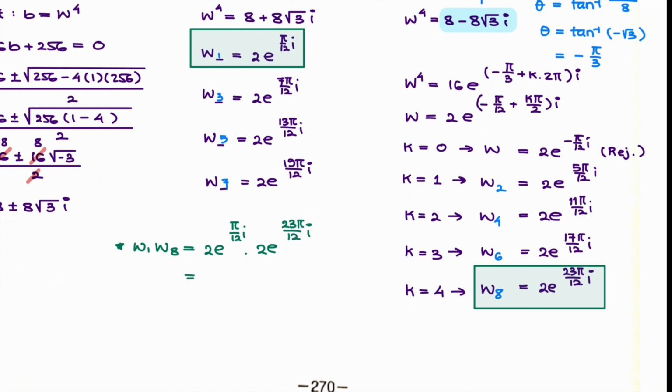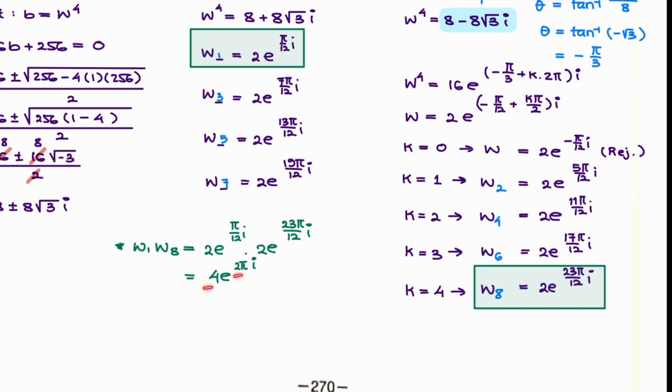If you simplify it, you will obtain 4e to the power of, don't forget, if we have exponentials with the same base and we multiply them, the powers should be added up. So pi over 12 i plus 23 pi over 12 i equals 2 pi i. This is the modulus and this is the argument. I forgot to put i.